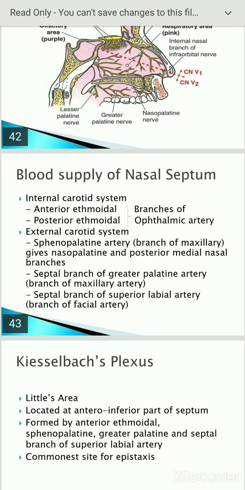It's a branch of the maxillary artery which gives nasopalatine and posterior medial nasal branches. Another branch of the maxillary artery is the septal branch of the greater palatine artery, and the septal branch of the superior labial artery. It's a branch of the facial artery.